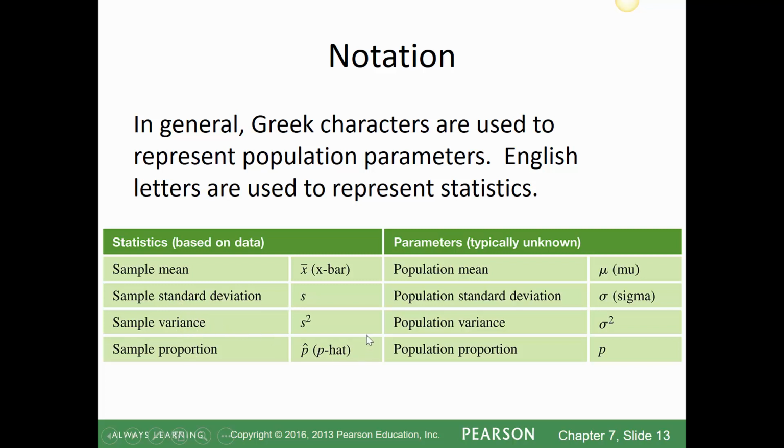The only one that doesn't really fit with this general characteristic is the proportion: we use P for the population proportion and P hat for the sample. So there are some exceptions, but generally speaking, that works.